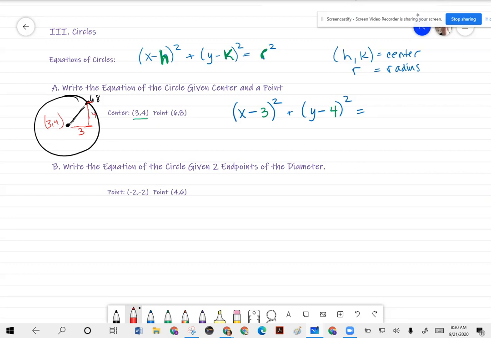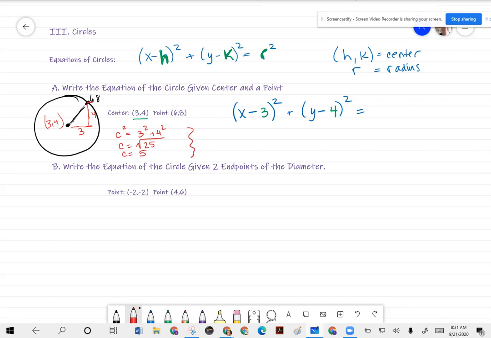So we've got a² + b² = c². Using Pythagorean theorem, we do 3² + 4², which is 9 + 16. We take the square root of 25, and so we know that c is 5.